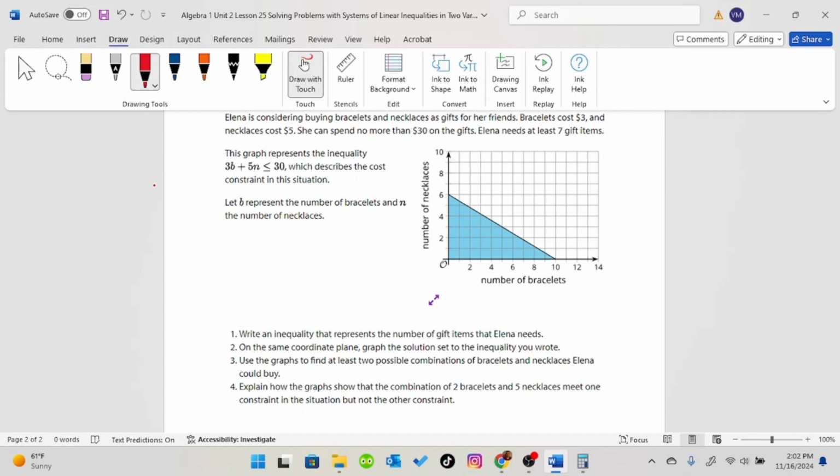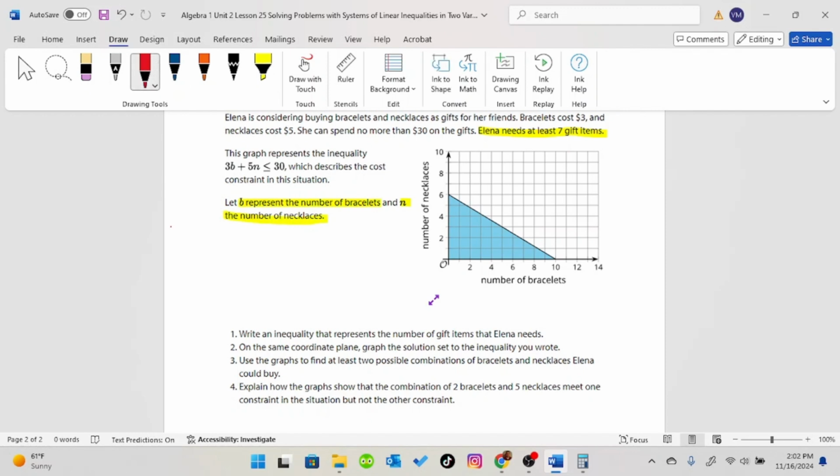Number 1, write an inequality that represents the number of gift items that Elena needs. So as we look into the word problem, we can see Elena needs at least 7 gift items. We can also see that b represents the number of bracelets, n represents the number of necklaces.